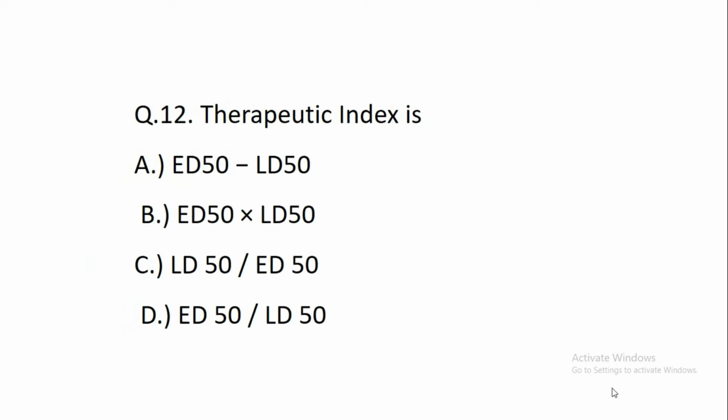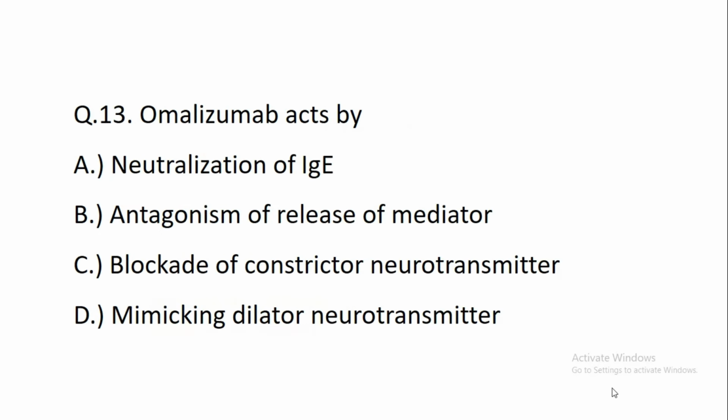Therapeutic index is A, ED50 minus LD50; B, ED50 into LD50; C, LD50 divided by ED50; D, ED50 divided by LD50. The answer is ED50 divided by LD50. This is the correct answer. Question number 13.